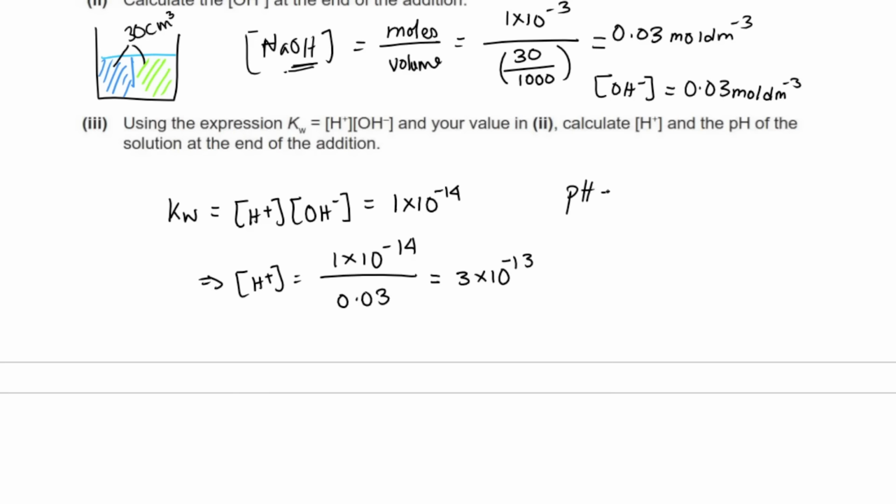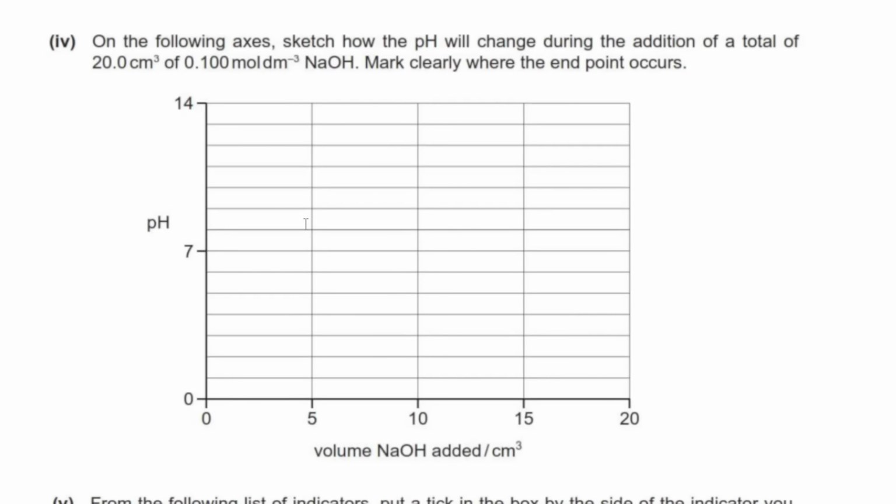So pH is equal to minus log H plus, which will give us 12.5. That is our answer.